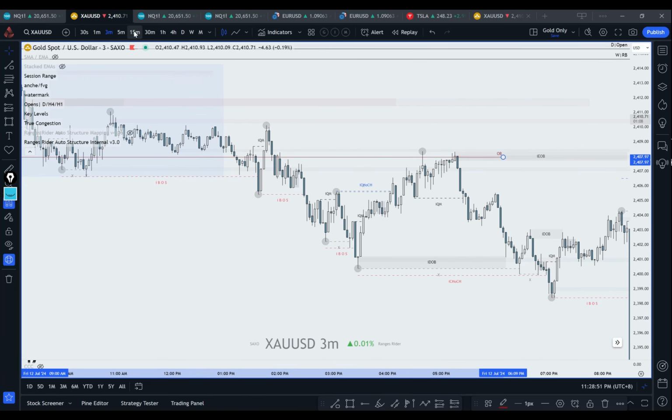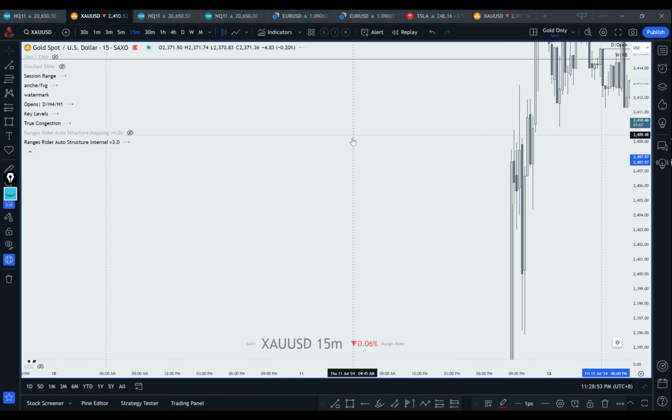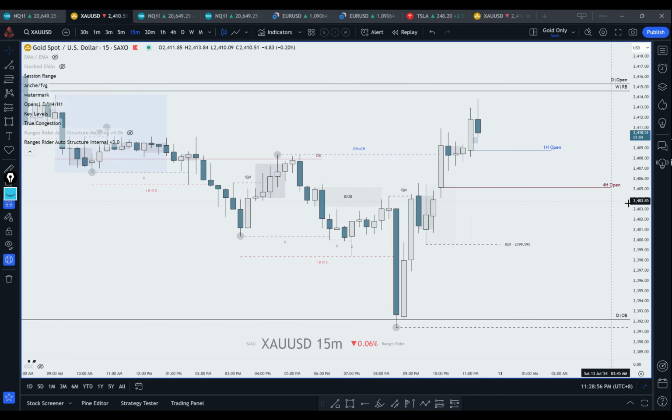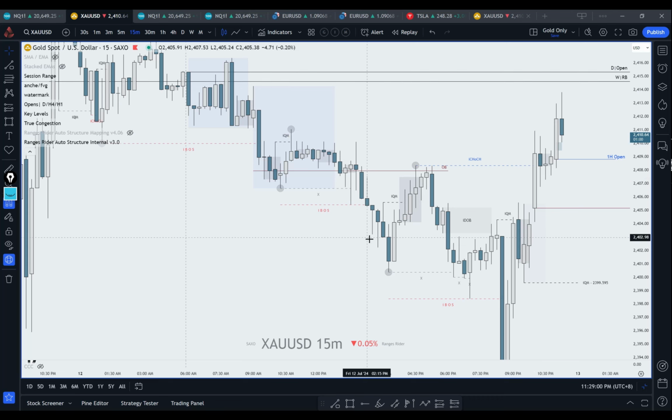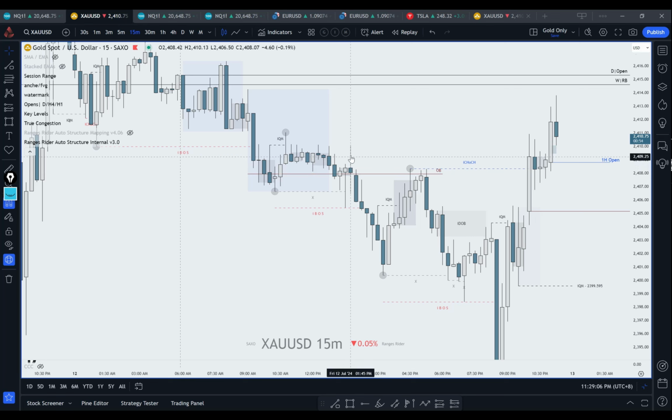So it means we have to go one time frame further higher to check the range, and now we have the range from here to here, and this is the QM, and then this is the only order block that is exactly at the H1 order block, and this order block is our area of interest.